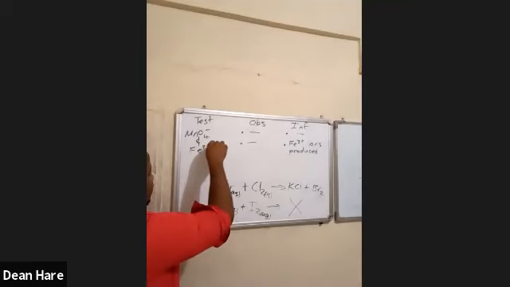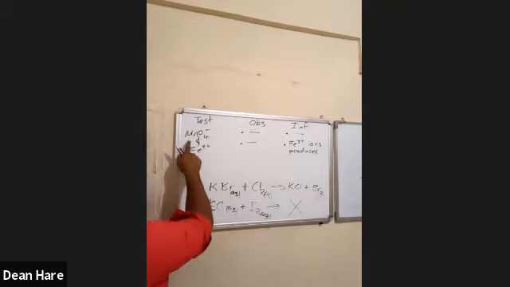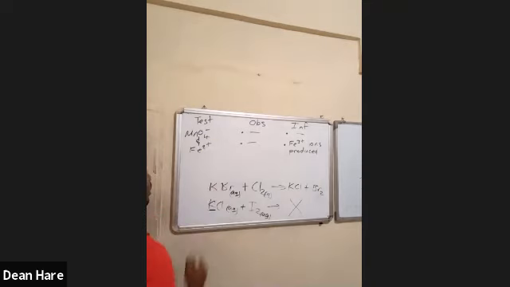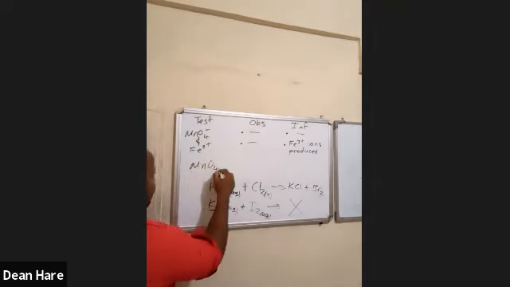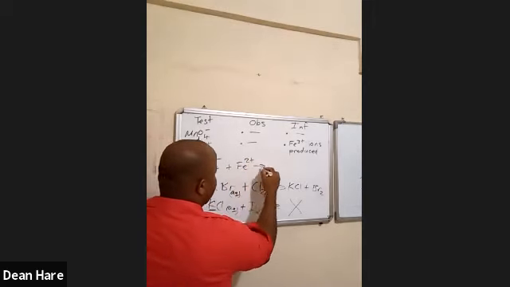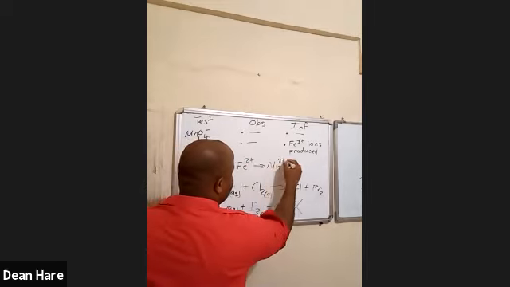Remember earlier in the class when we did this reaction? Let me put it on the board. MnO4 minus plus Fe2 plus to produce Mn2 plus and Fe3 plus.